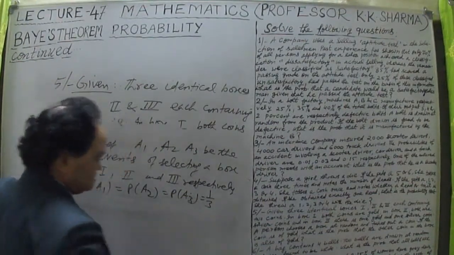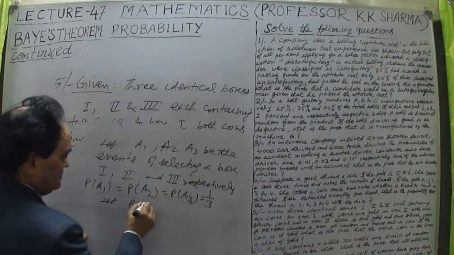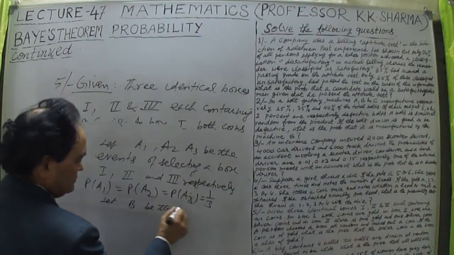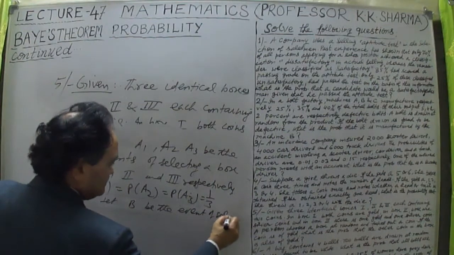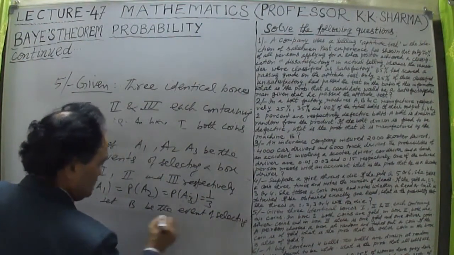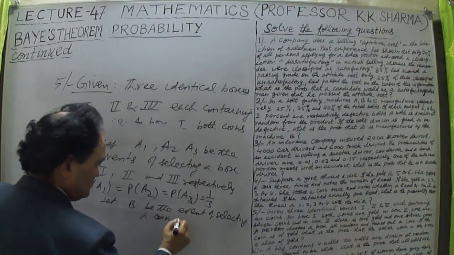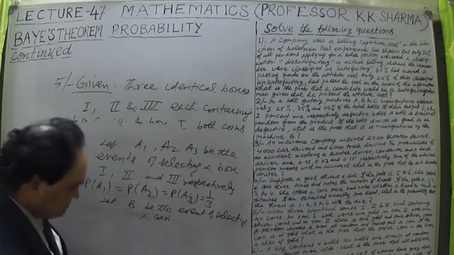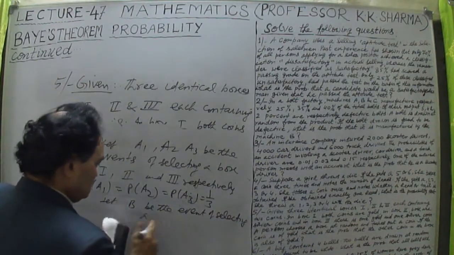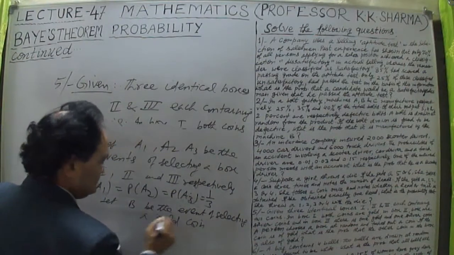Now the gold coin selection. Let B be the event of selecting a gold coin. This is the event which is required.